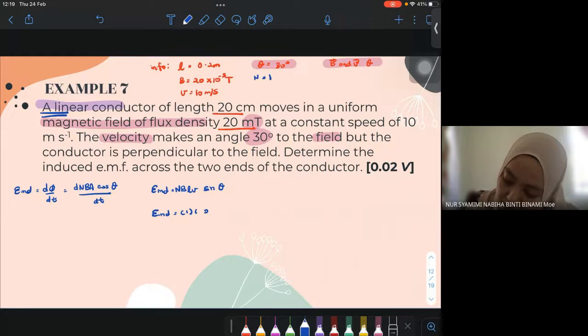B is given 20 millitesla. L is 0.2. V is 10 meter per second. Sin 30 degree.